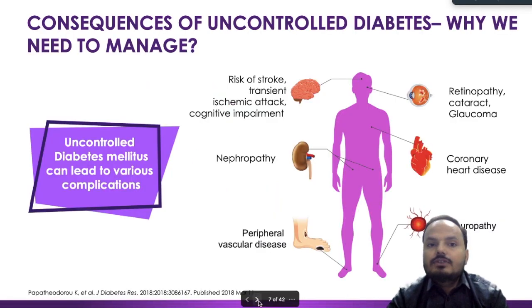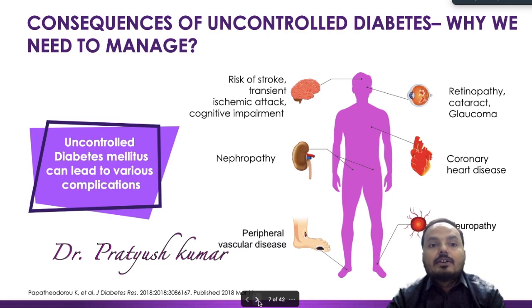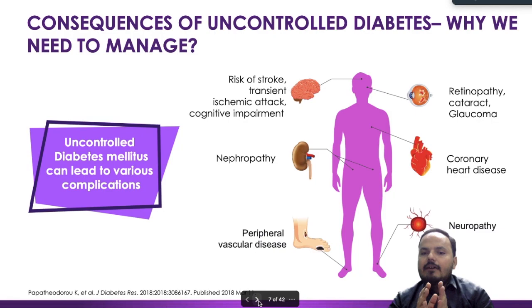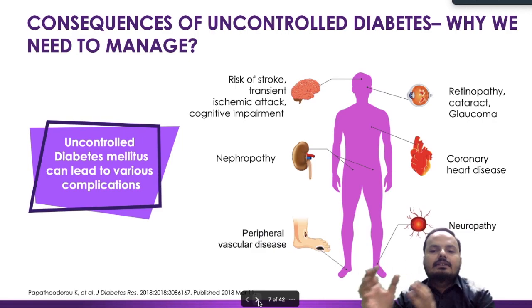So what are the consequences of uncontrolled diabetes? Why do we need to manage it? Because if you have diabetes, you are going to develop a few complications. We categorize them in two parts: microvascular complications and macrovascular complications.